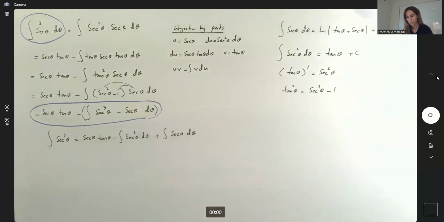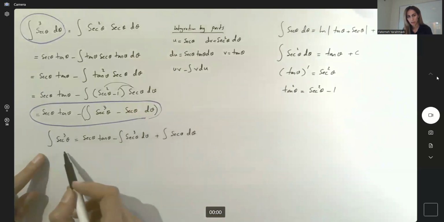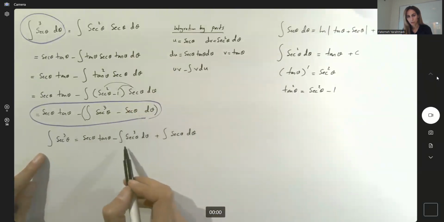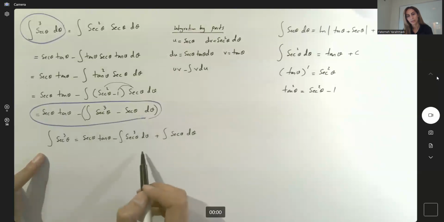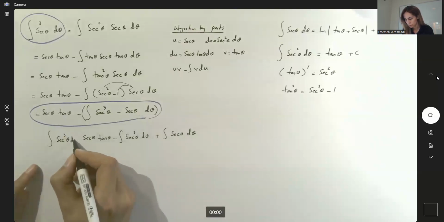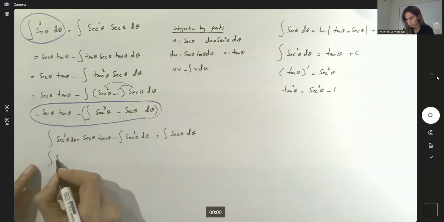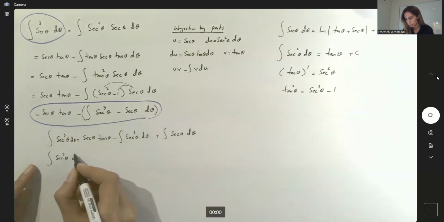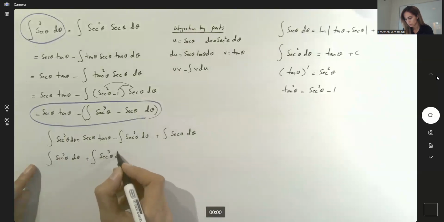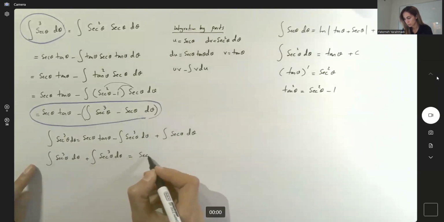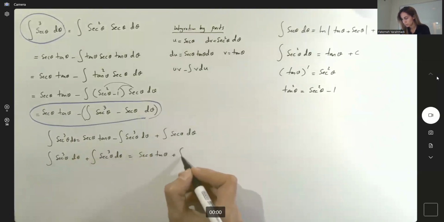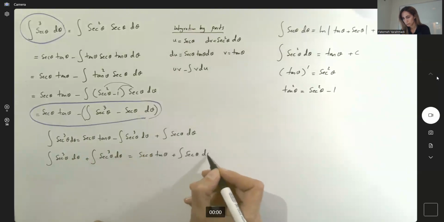So take a look. I have something on the left-hand side, and I have the opposite of that thing on the other side. So I'm going to add integral of secant to the third to both sides. And here we get integral of secant to the third theta d theta plus integral of secant to the third theta d theta equals secant theta tangent theta plus integral of secant theta d theta.